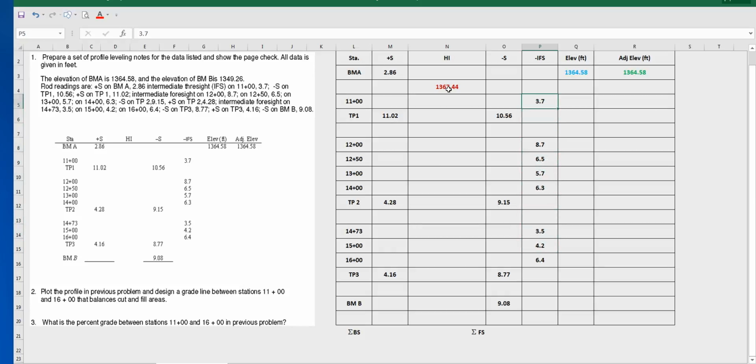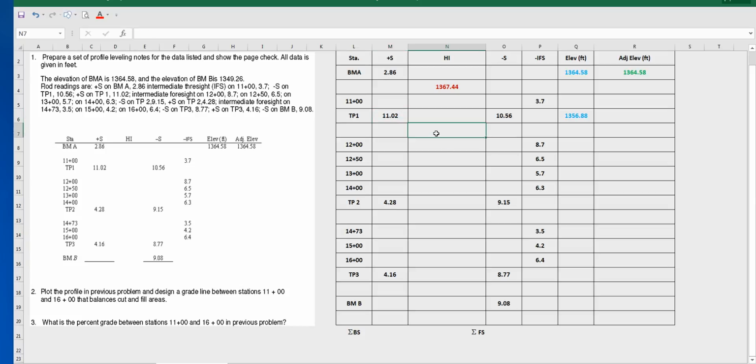So I'm going to go ahead and calculate my elevation at turning point 1. So we're going to say it is the HI, and I'll write the numbers out, 1367.44 minus 10.56. Okay, so that is the elevation on turning point 1. Now we're going to take the elevation at turning point 1 and add the backsight.